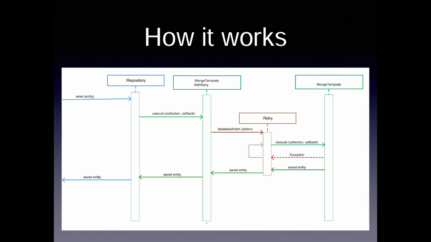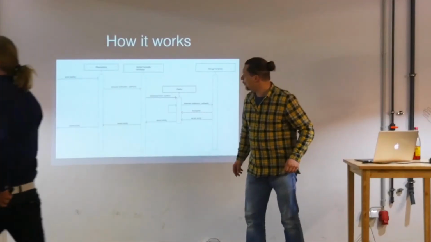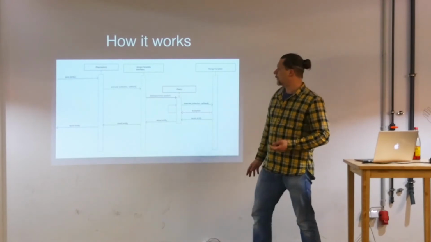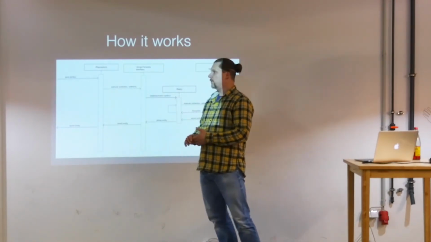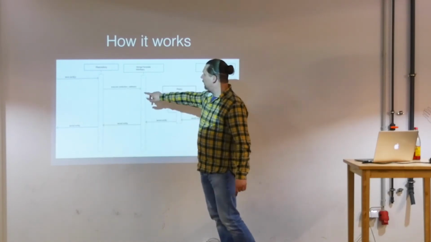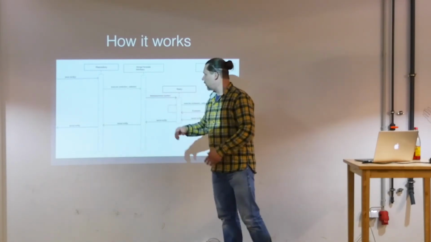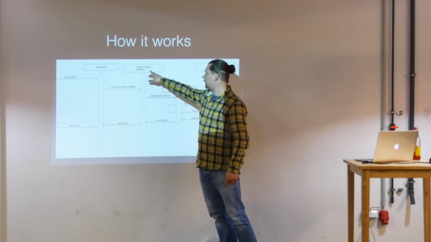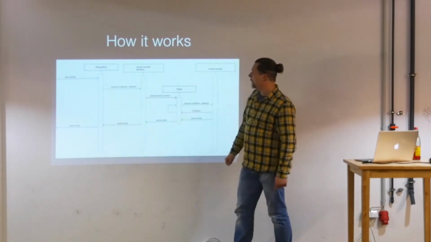Here's a little flow chart. It's readable for everybody. We have a repository, we call a save. We save an entity. We call execute at the Mongo template, in this case the Mongo template with retry.